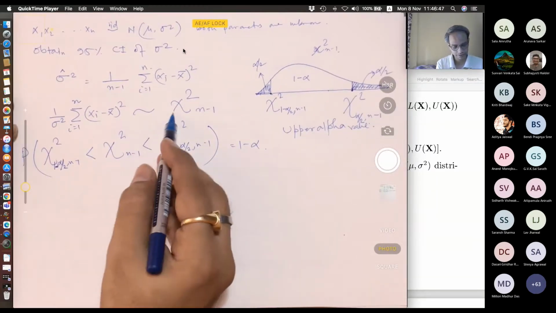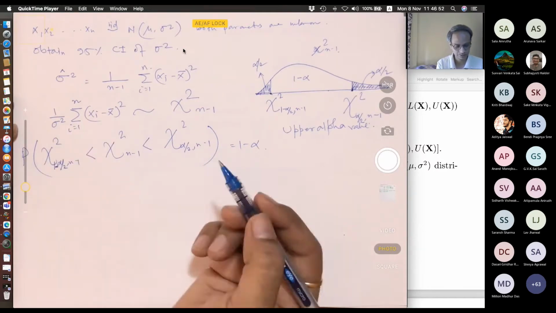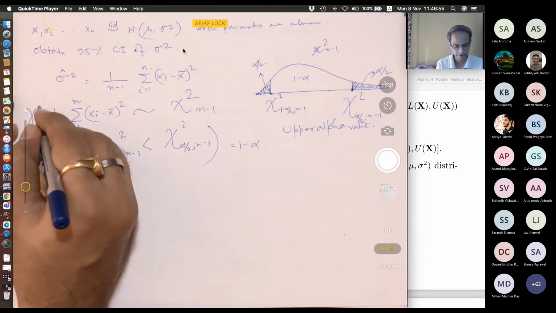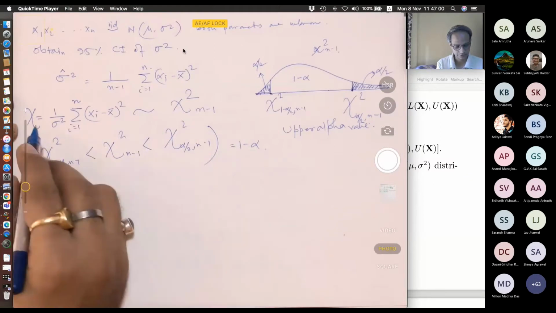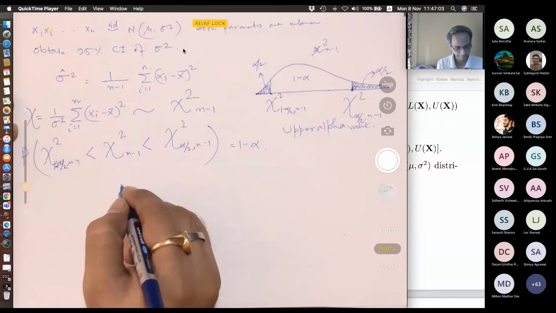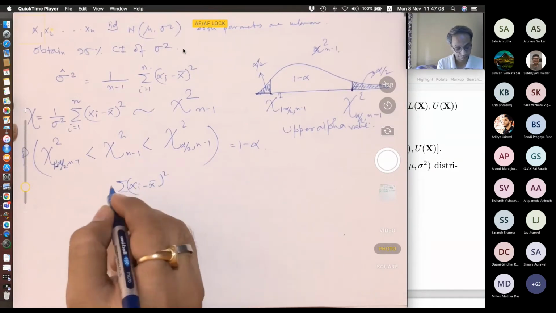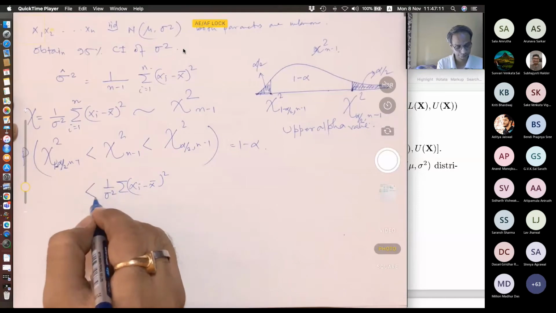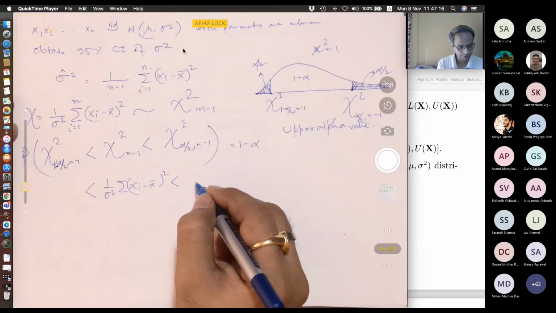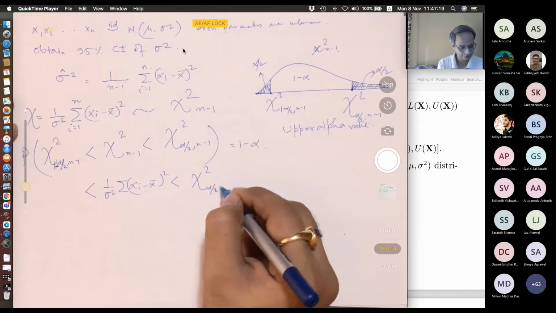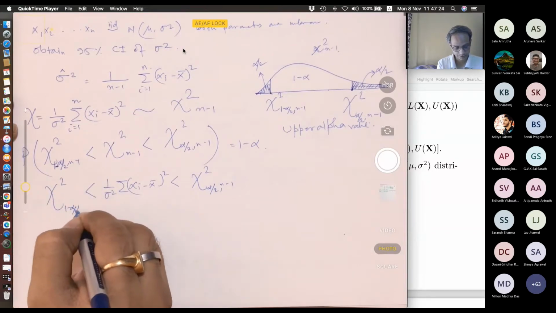Now write down this expression here: chi-square alpha by 2, n minus 1, less than sum over xi minus x bar whole square times 1 upon sigma square, less than chi-square 1 minus alpha by 2, n minus 1.